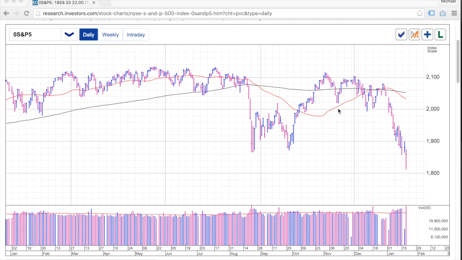And then you're going to see here too, there's also a couple of trading lines. And so this one in red here represents the 50-day moving average. And so this represents an average of the 50 previous days of trading. And so you can see that the market closed way below the 50-day moving average.